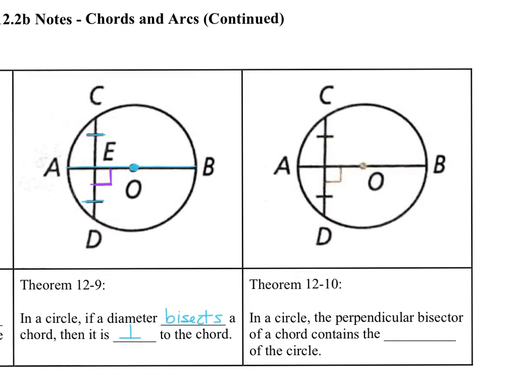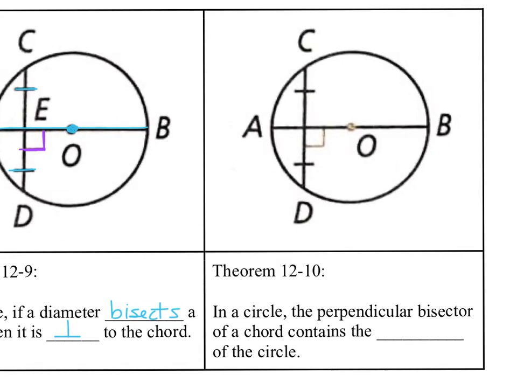So let's look at this third one. My guess is you can probably tell me the missing piece at this point. This one says, in a circle, the perpendicular bisector of a chord contains the center of the circle.